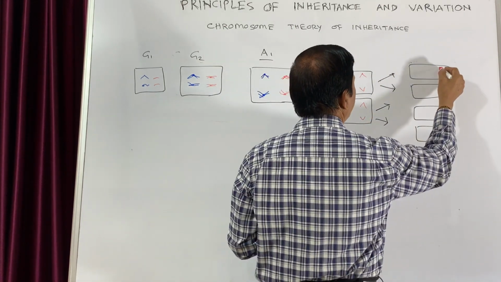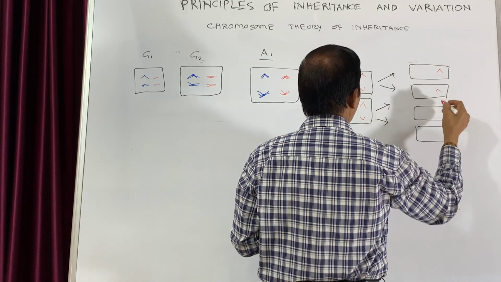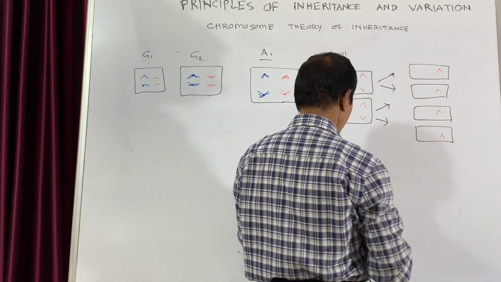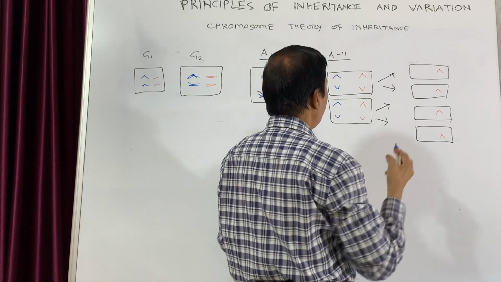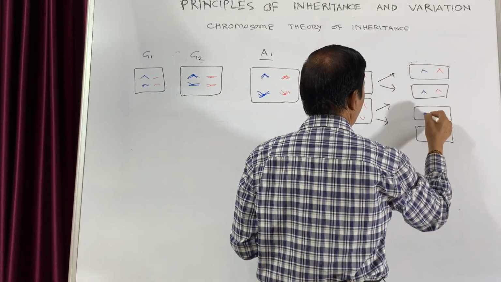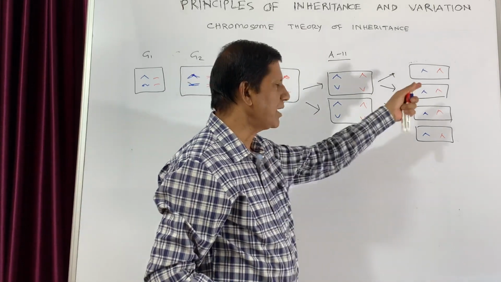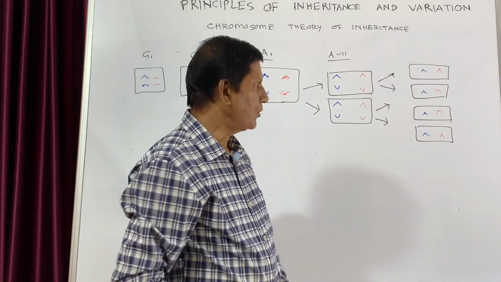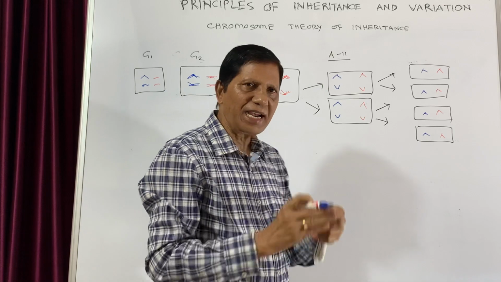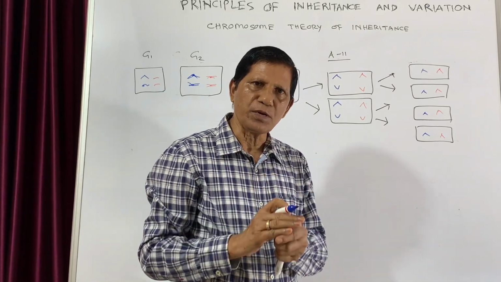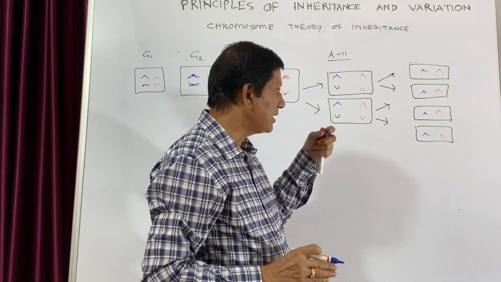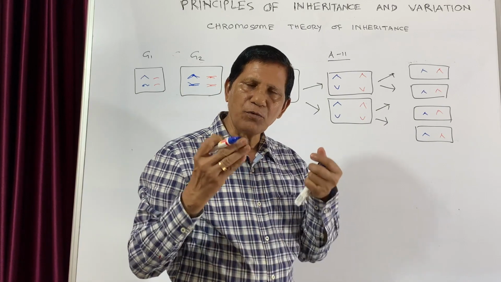Now you see, four gametes are produced. So that means the characters which are present in the chromosomes are separating, and they are obeying the law of segregation.